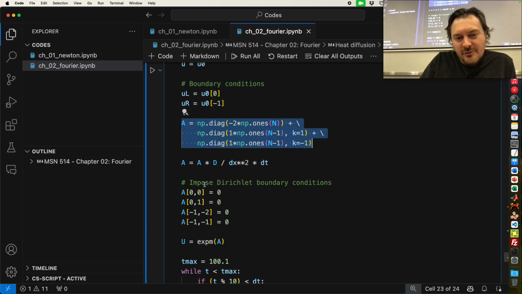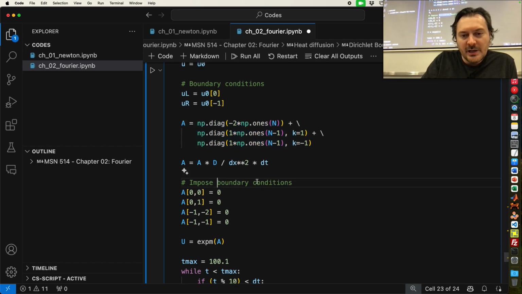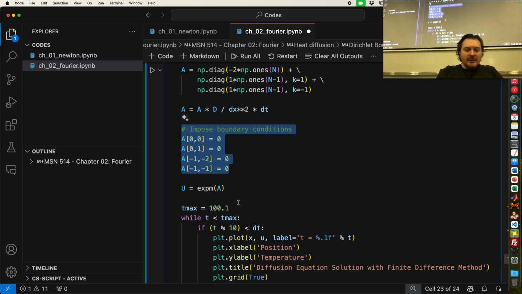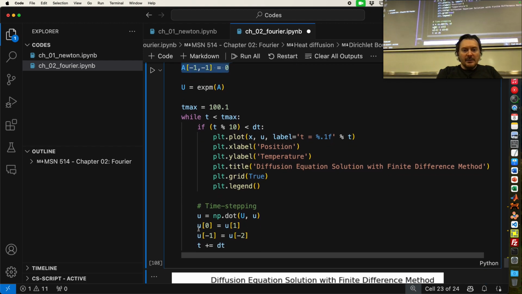So I wrote impose Dirichlet boundary conditions. Let me just change it to impose boundary conditions. What this means is that the matrix entries dealing with the edges are set to 0. So I'm not touching those boundary parts. I'm leaving them alone, so I'm not changing them, and that way they stay the same.